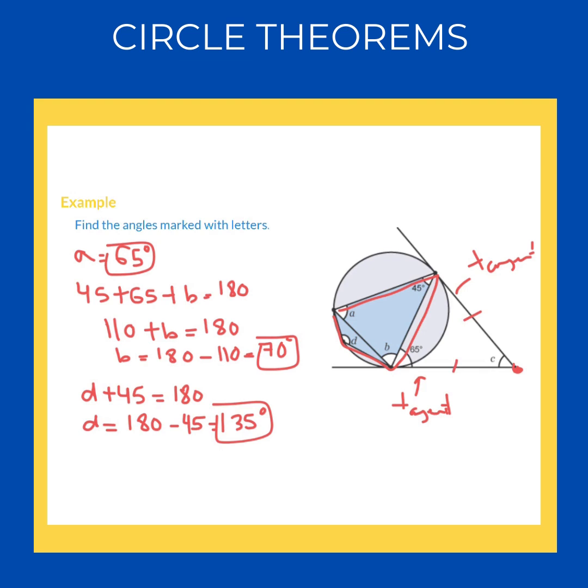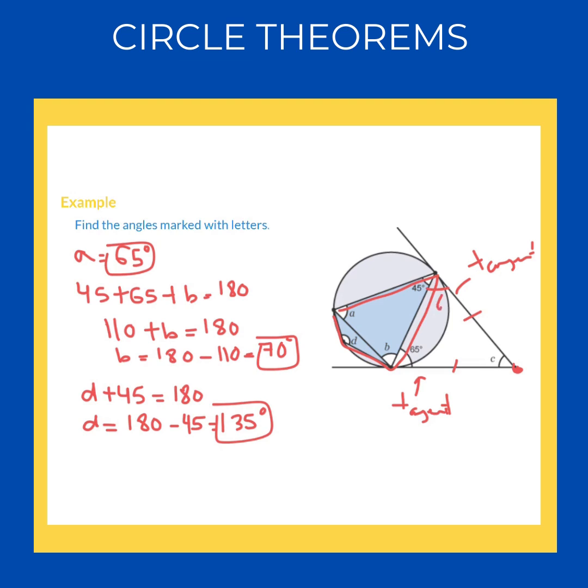So this is a triangle, and this side is equal to this side. So this triangle is called an isosceles triangle because this side is equal to this side. So adjacent angles are equal too. So if this is 65, then the angle here is equal to 65.